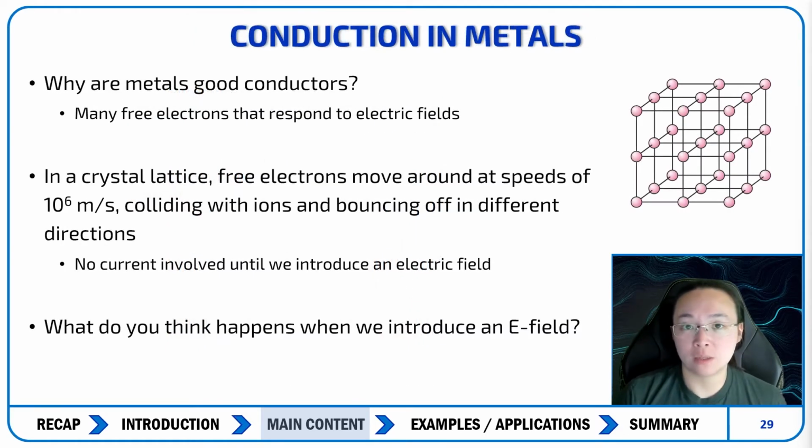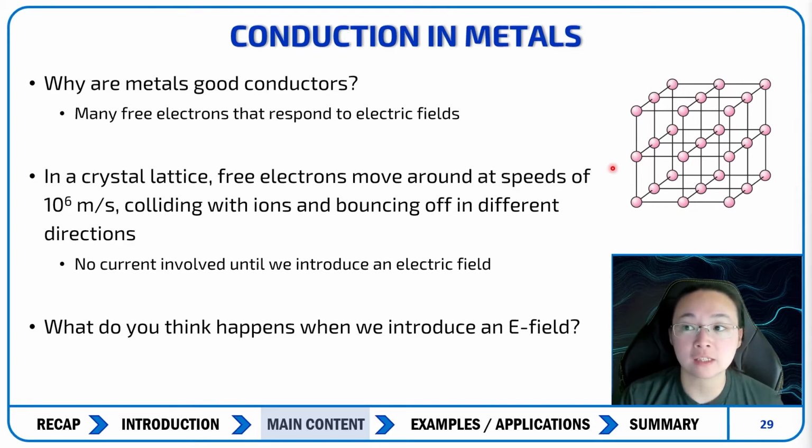So now we want to take a look at conduction in metals. Why are metals good conductors? Based on that table that we looked at before, we saw that the resistivity was very low for metal conductors. And the reason for that is because many free electrons are going to respond very well to electric fields.